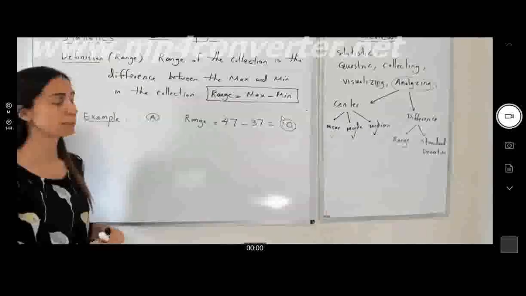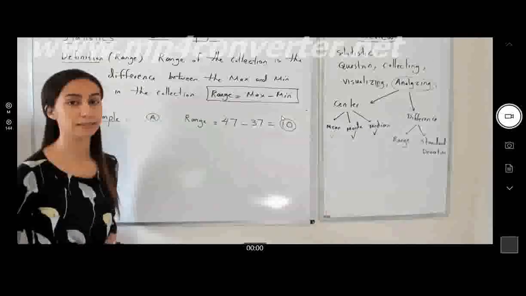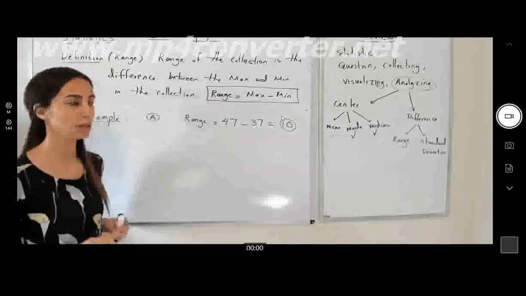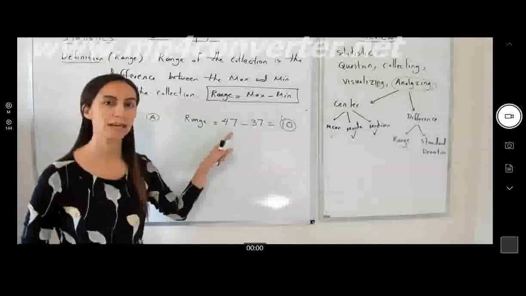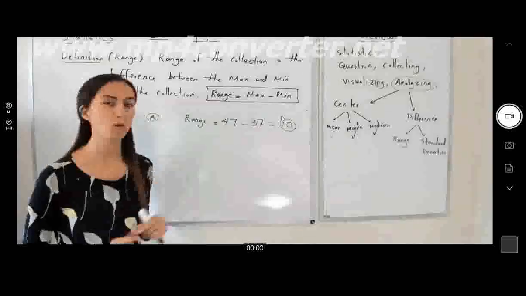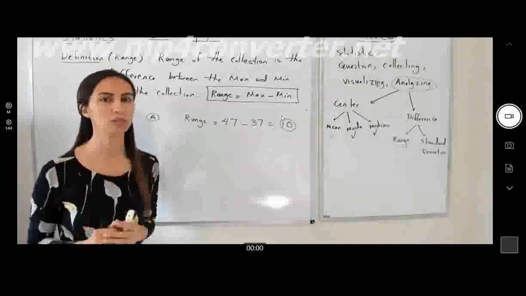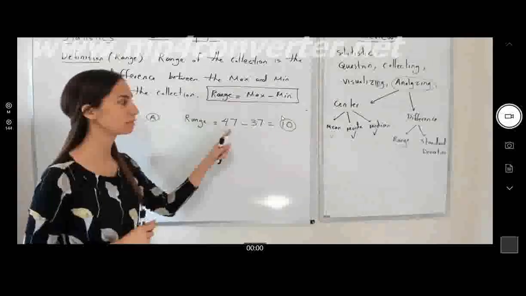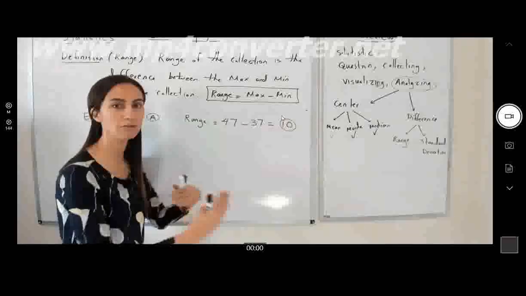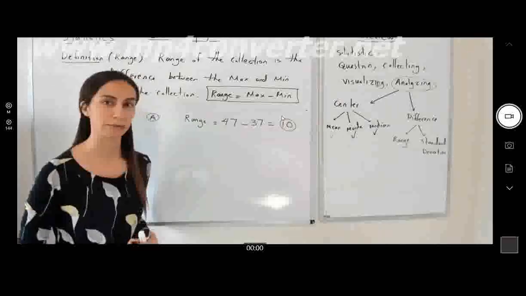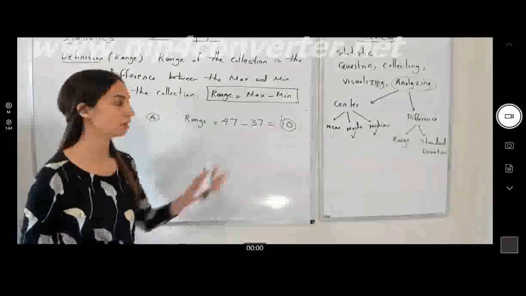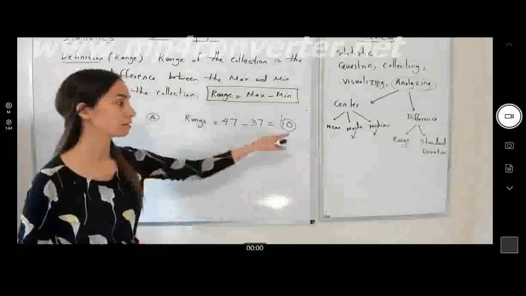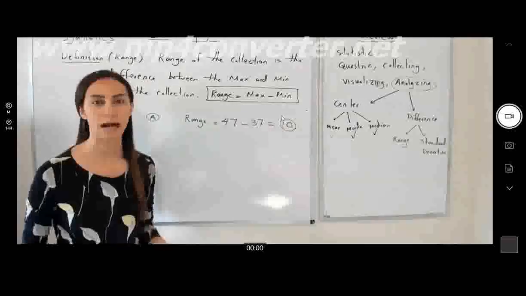It says the distance between the maximum value in your collection and the minimum value in your collection is just 10. Okay, it's not very bad. So the maximum salary, minimum salary, the difference is 10. If you think about in thousands, the difference is 10 thousand.